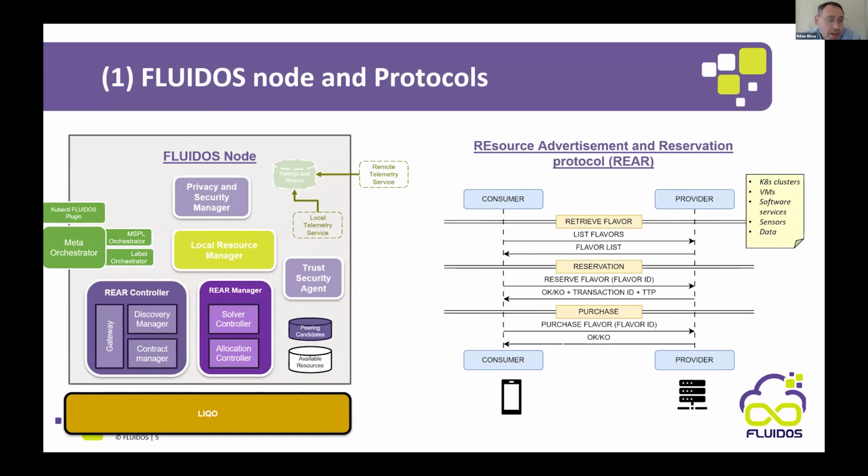The first component is the FlUIDOS node and protocol. So we define a node, which is, let's say, a device, a cluster, a server, which is based on Kubernetes and LICO, which are technologies that are already available in the open source domain.